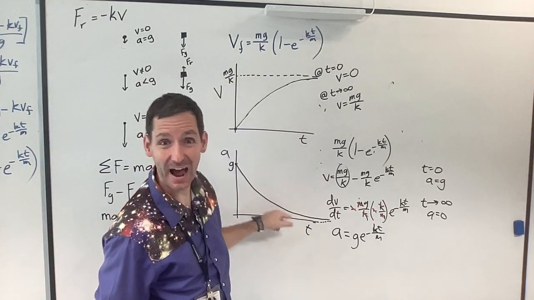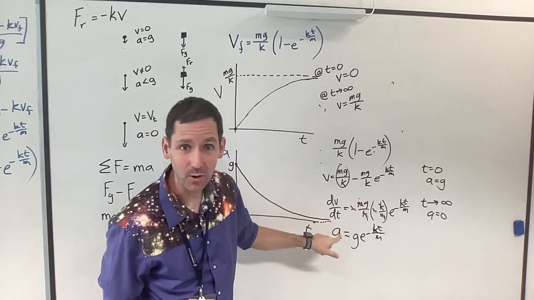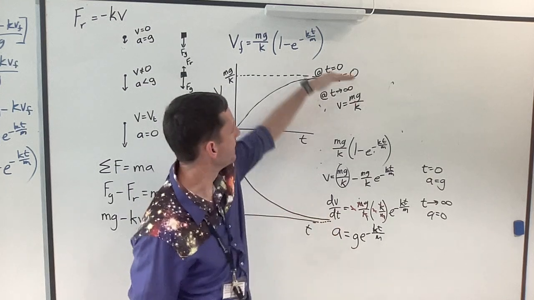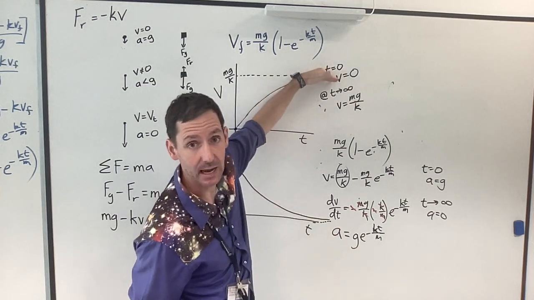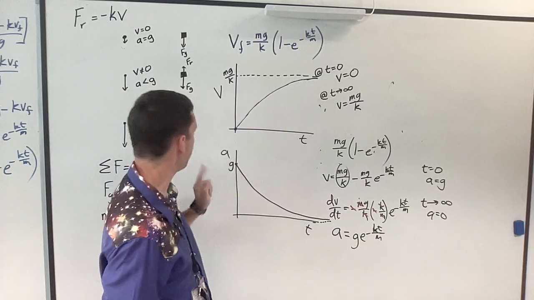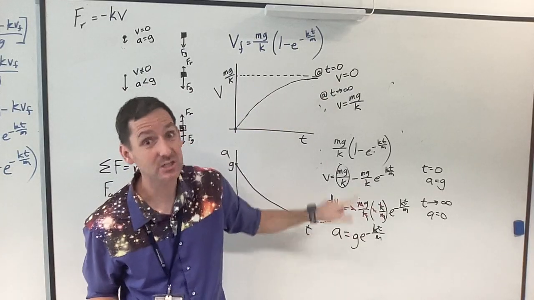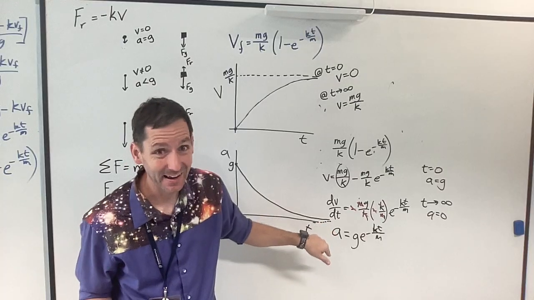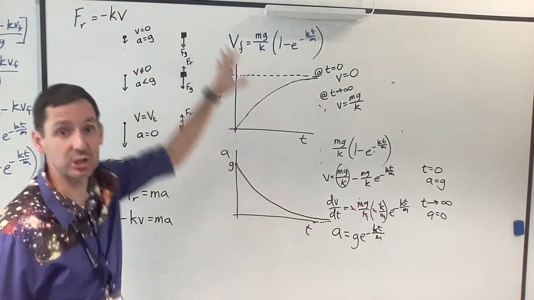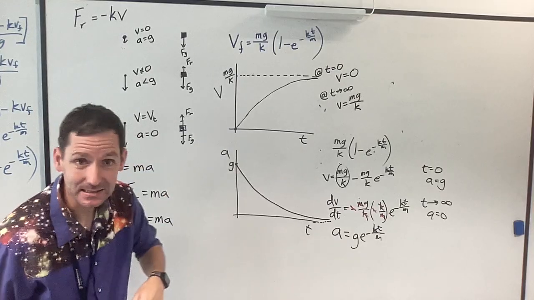I see that the value is approaching 0. Not that the slope is approaching 0, that the value is approaching 0. The slope of the velocity versus time graph is acceleration. The slope here is almost 0, therefore the acceleration is almost 0, right? Okay, so we should get this, we should get that, we should get that.